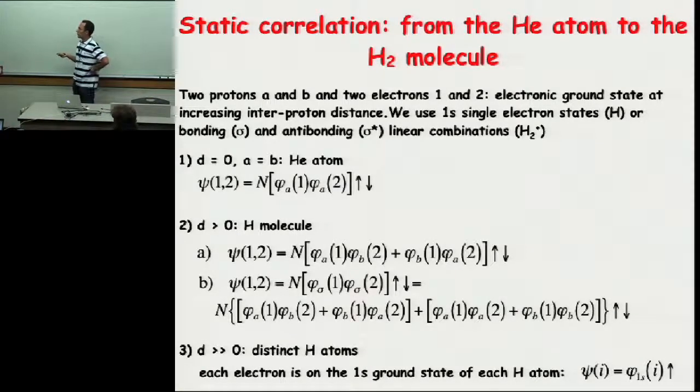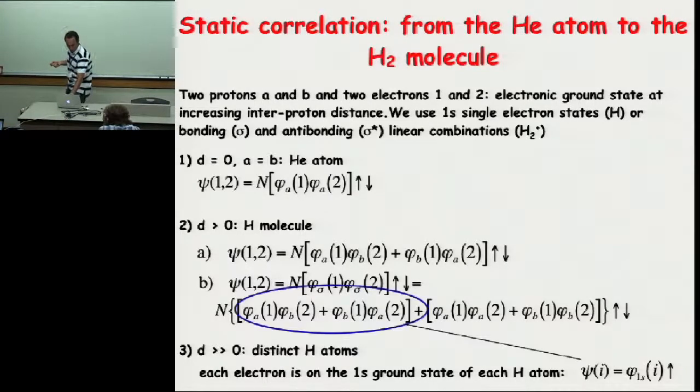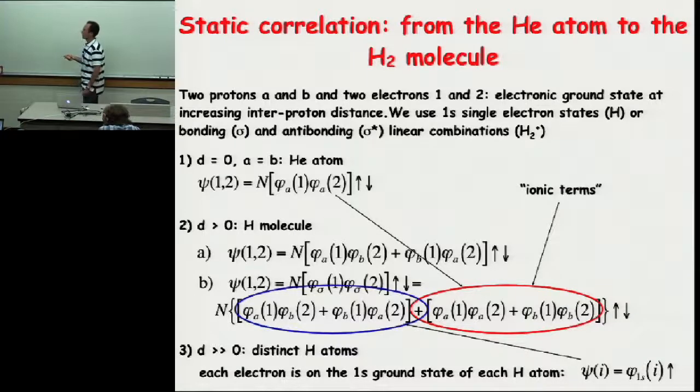And it's easy to realize that if you construct an anti-symmetric wave function for the two electrons in the system using only one Slater determinant, you end up with terms, so-called ionic terms, that are the ones describing a configuration with two electrons on the same site, whose weight shouldn't be as large, or whose weight should change with distance.